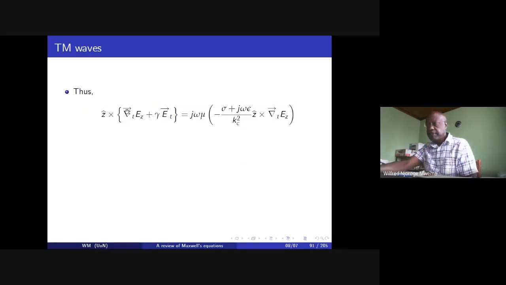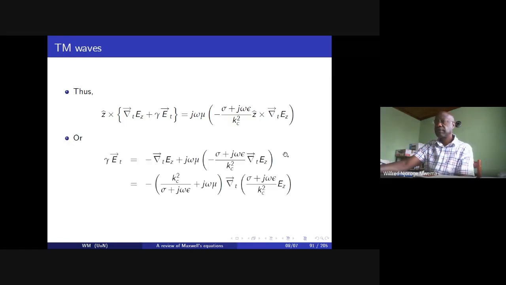And therefore, once we do that, we can always use the value of E_t that we have in that expression and have it as shown there. Now, we can open up the brackets and take them to the other side so that we are just left with these values alone.